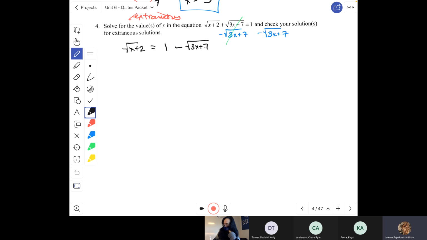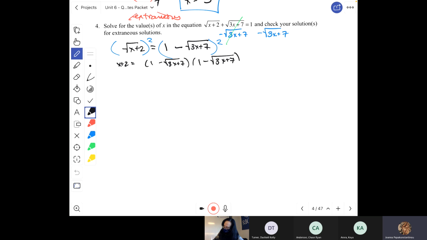And now you would do what? You want to square both sides. So I'm squaring the left-hand side, and I'm squaring the binomial on the right-hand side. So the left-hand side becomes just x plus 2, but on the right-hand side, I am foiling the product of those two binomials.